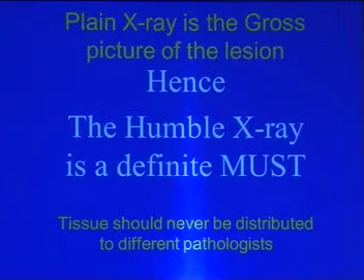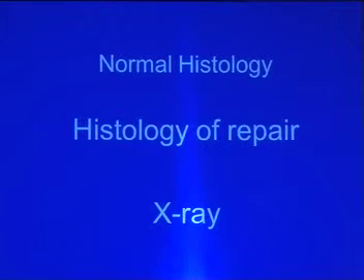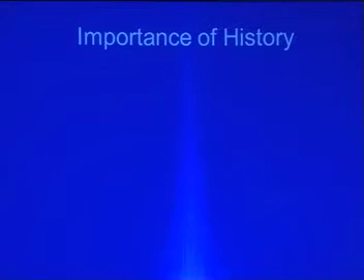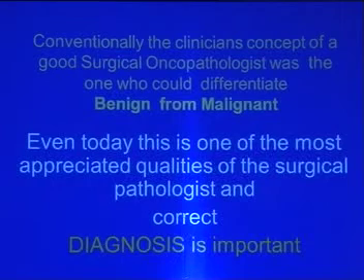I do see in my practice, people have very thick folders of CT and MRI, and when I take out all the films, I ask, where is the plain X-ray? Oh, it was never done. And this is not at all uncommon. So normal histology of reparative tissues and the plain X-ray is all I'm asking for, and in addition, history. And this helps me to resolve a lot of my difficult situations.